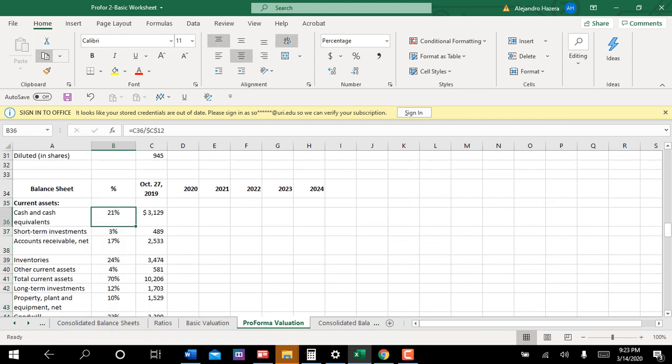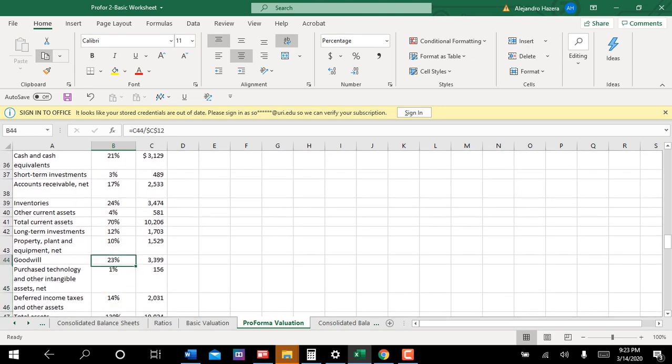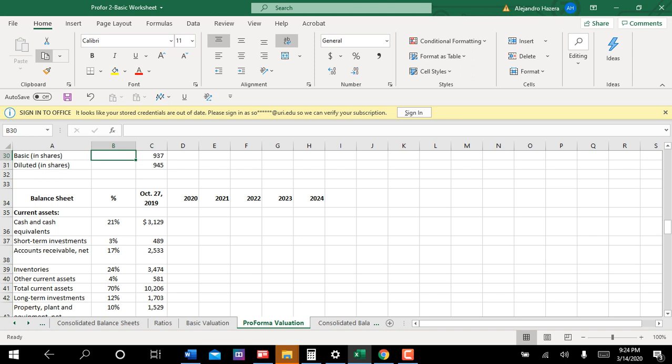Now, obviously, most are valid, some are not valid in terms of theory, but that's the way most of these relationships are going to be used to project out. Everything, I can't emphasize enough, everything is a percentage of sales.